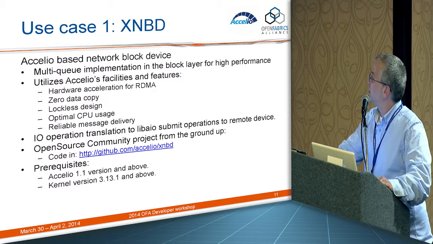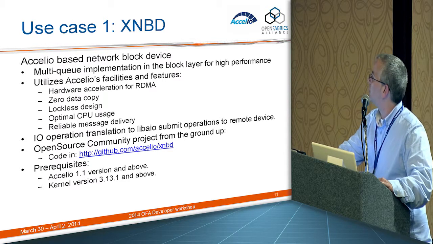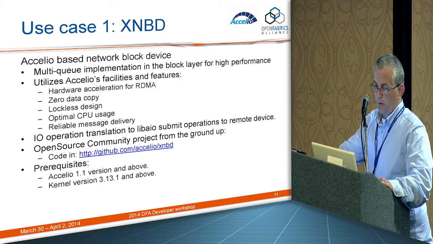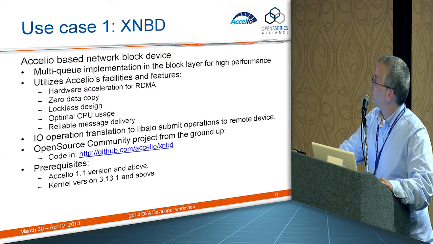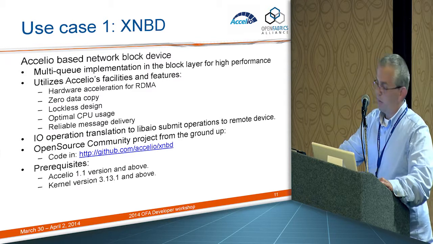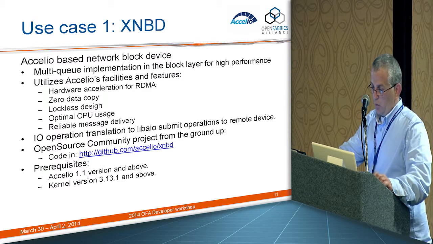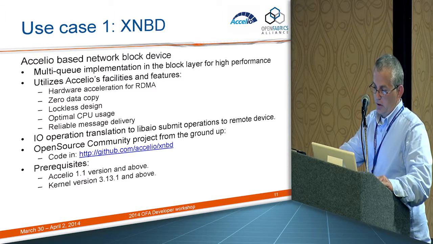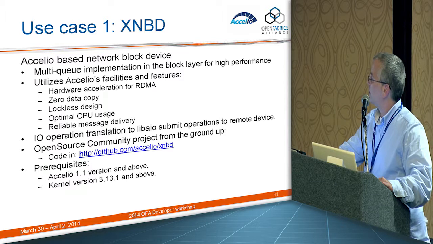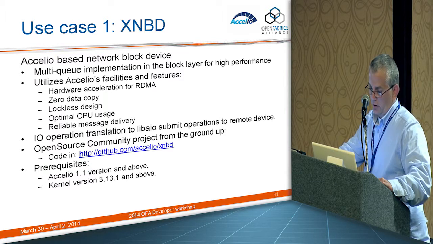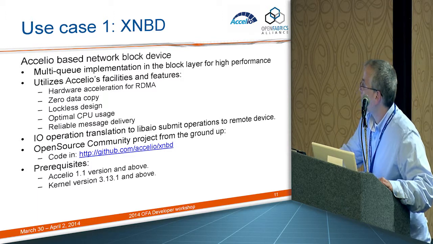It utilizes Accelio facilities, such as hardware acceleration for RDMA, zero data copy, the lockless design, and optimal CPU usage while doing reliable message delivery. We did some testing with that, and the code is also open source. It can be found on the Accelio GitHub website.